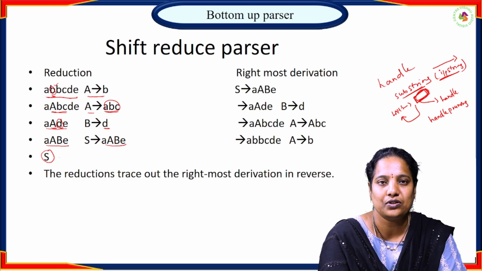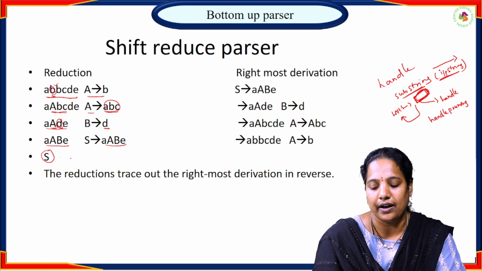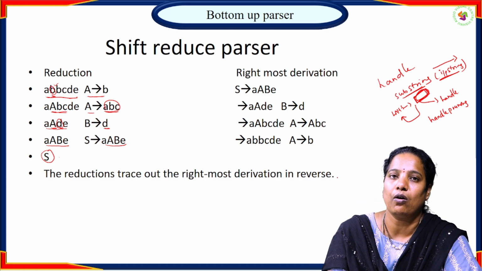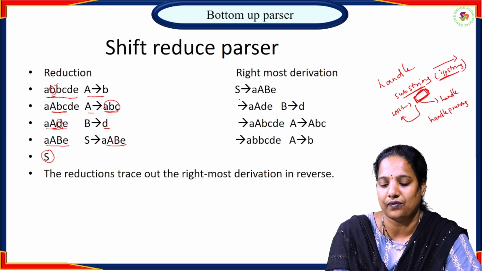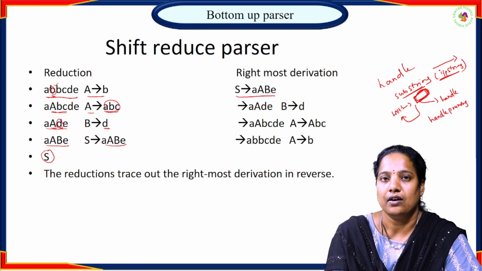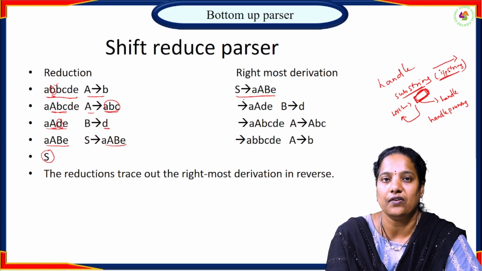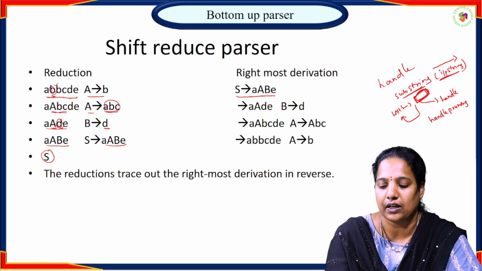And this shift reduce parser, or bottom up parser, is also called the reverse of rightmost derivation. Here I will show you how it is called the reverse of rightmost derivation. First we will go for the rightmost derivation of the given input, that is, we have the starting symbol of the grammar as S tends to A, B. When we are deriving the given input in rightmost derivation manner, the rightmost non-terminal will be replaced first, that is, B will be replaced first.